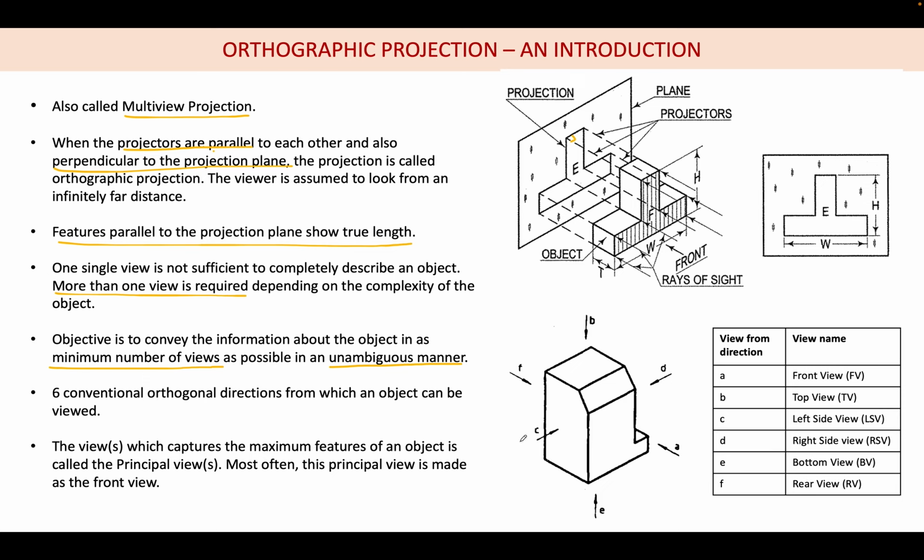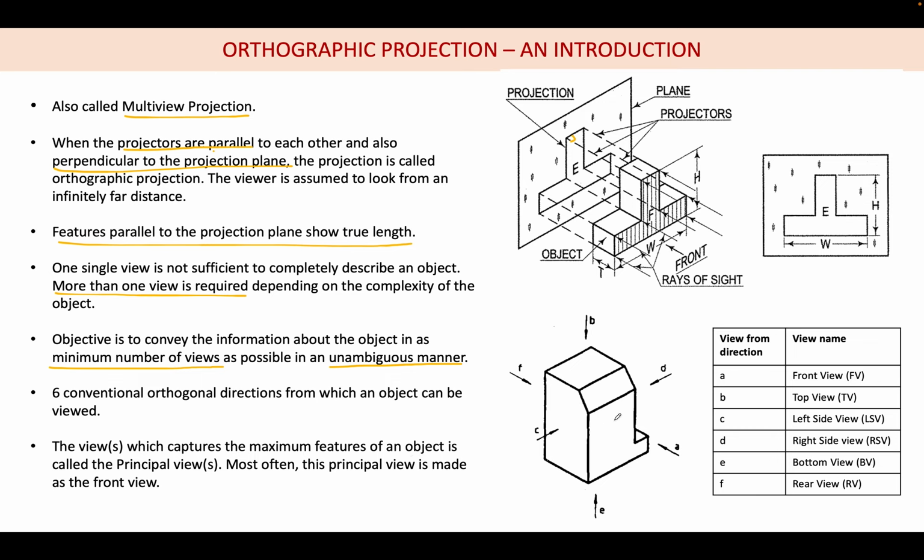So it is not necessary that only this should be the front view. Suppose you fix this as the front view, then F will become your left side view and A will become the right side view. That is also possible. So it is not necessary that only A should be the front view. But when we look at an object, when we visualize an object, we have to choose the front view in such a way that it captures the maximum number of features.